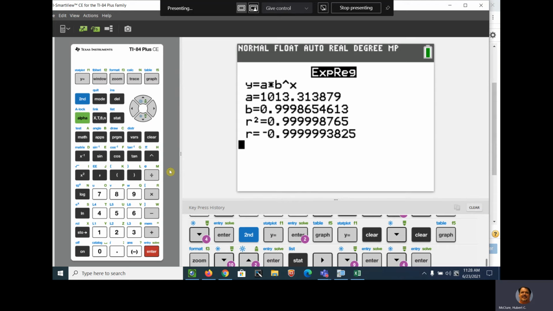And mine is going to be Y is equal to 1013.313879 times 0.9998654613, all that raised to the x power, and it should fit.